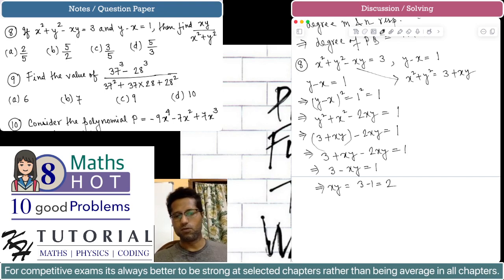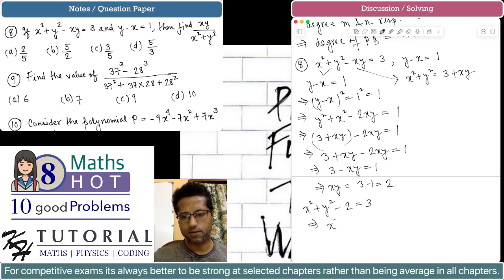Now if we substitute the value of xy in the given relation, we get x square plus y square minus 2 is equal to 3. So this implies x square plus y square is equal to 3 plus 2, which equals 5.